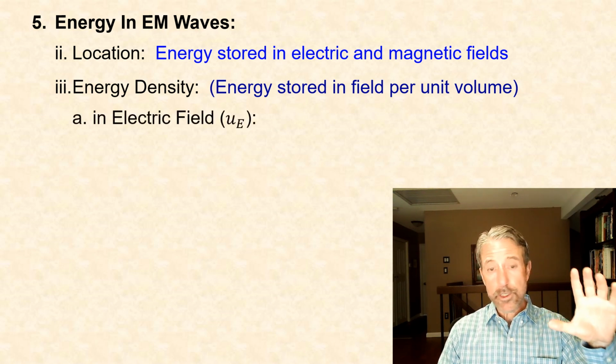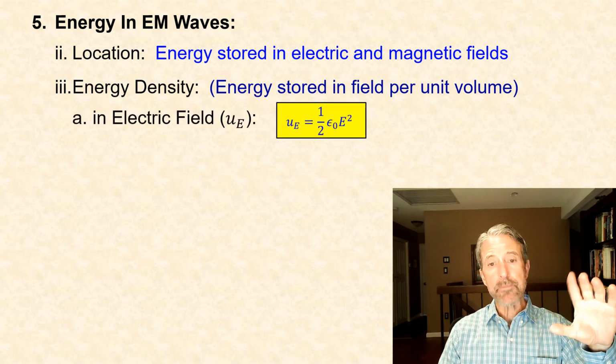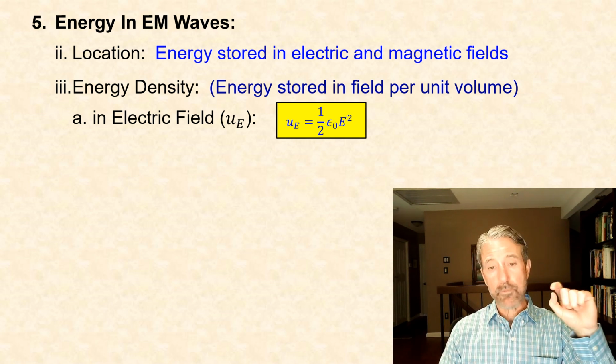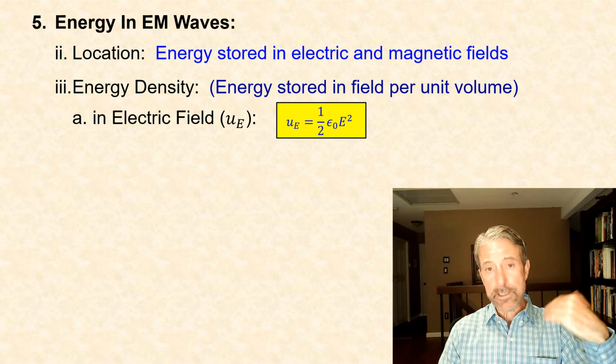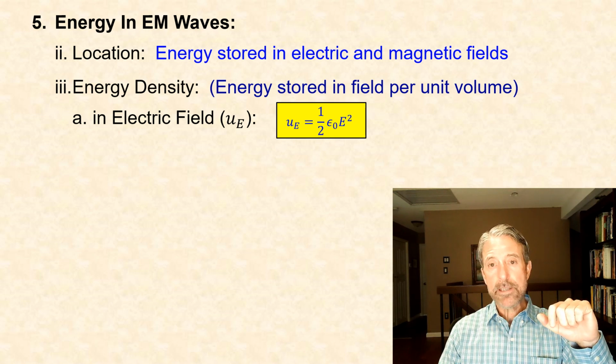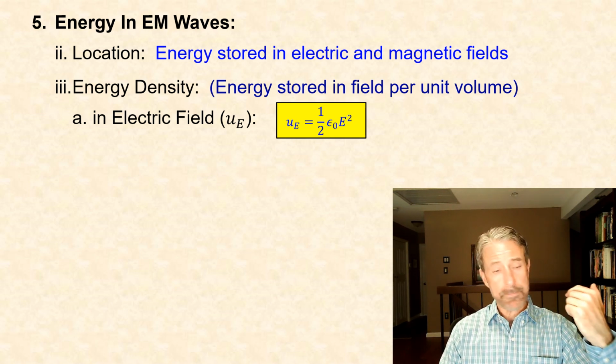We derived an expression for it that took the following form: the energy density for the electric field, that is, the energy stored in the field per unit volume, is one half epsilon naught times the electric field strength squared.